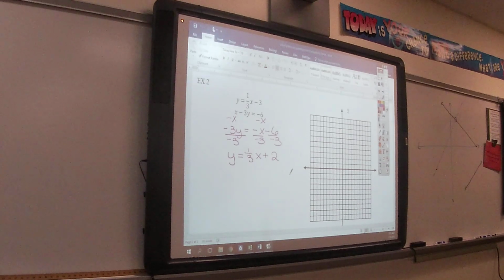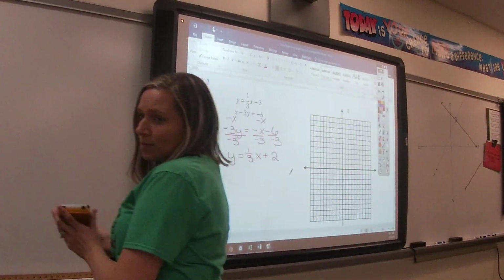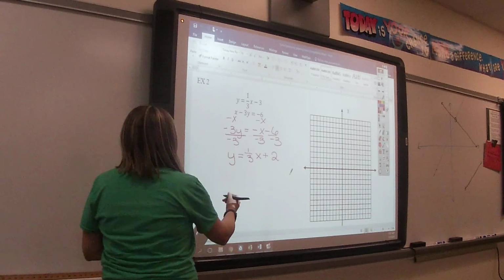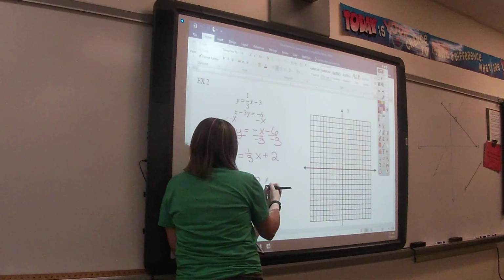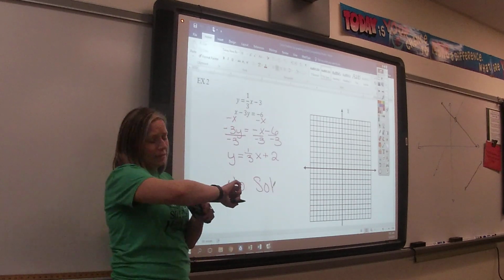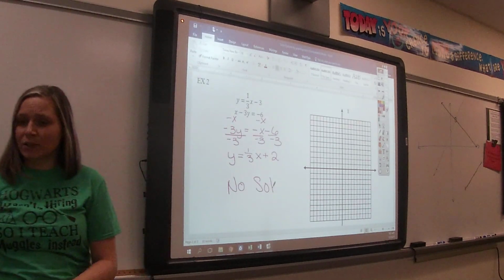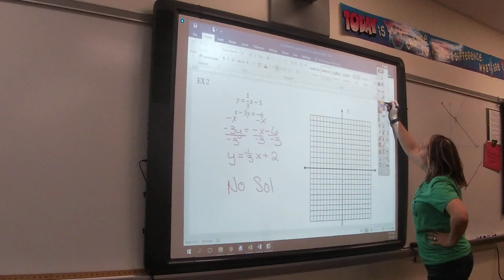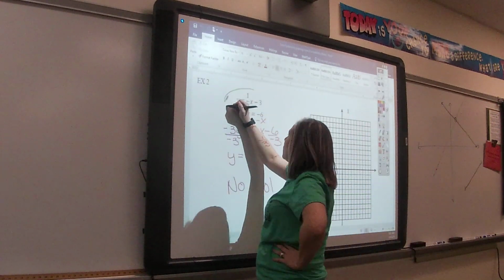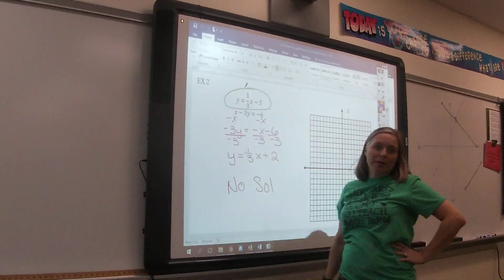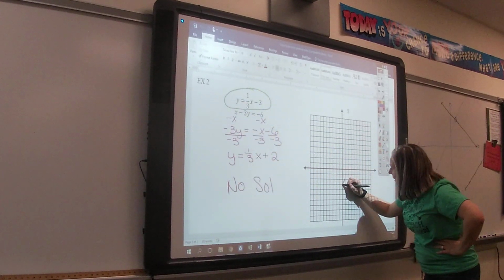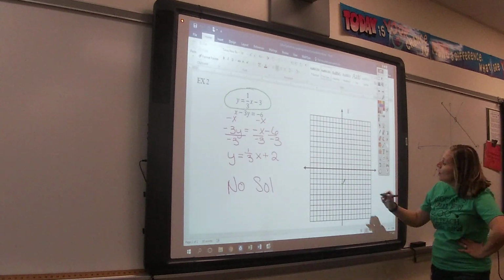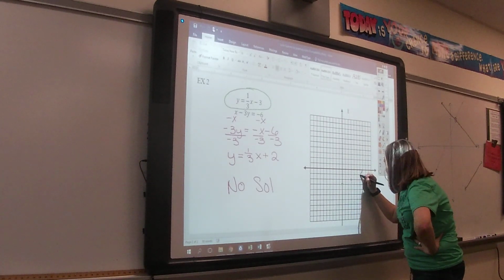And so parallel lines have what types of answers? No solution. So what would we write up here? No solution. We're going to see if we can mimic that up here. If we want to graph y equals 1/3 x minus 3, negative 3 on the y, then go up 1 over 3.